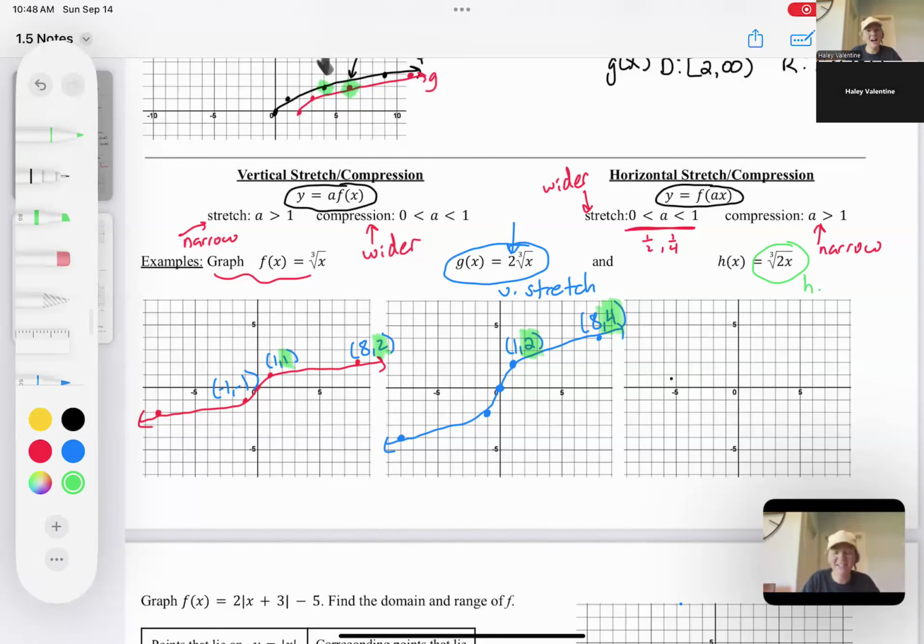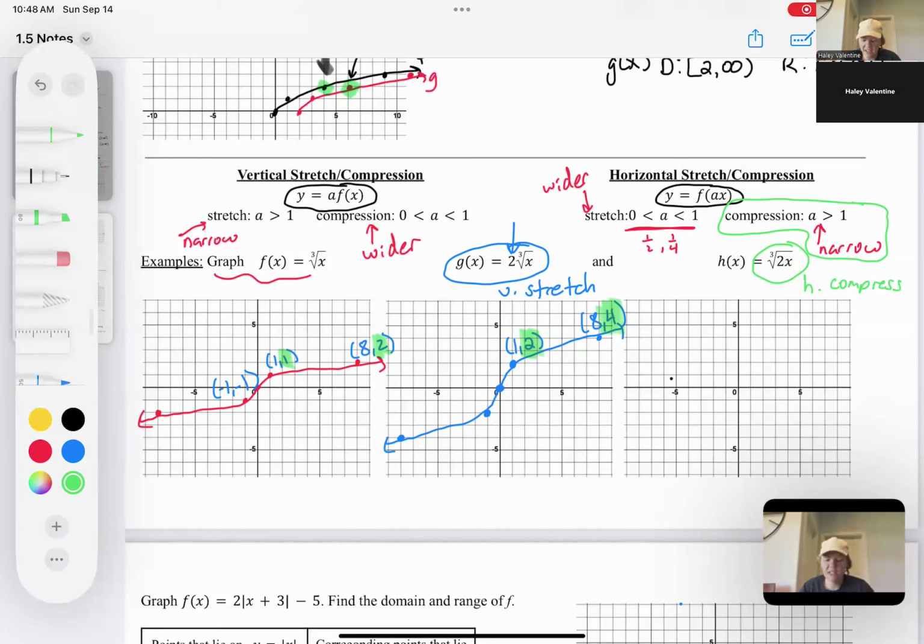But inside is opposite. You might think that the 2 would horizontally make it bigger, but the 2 is actually going to make it smaller. This is an example right here. If a is greater than 1, it's a horizontal compression. So I'm going to call it horizontal compress here.